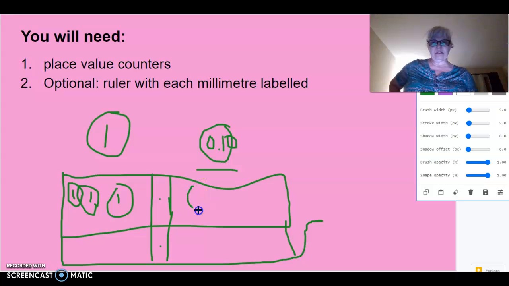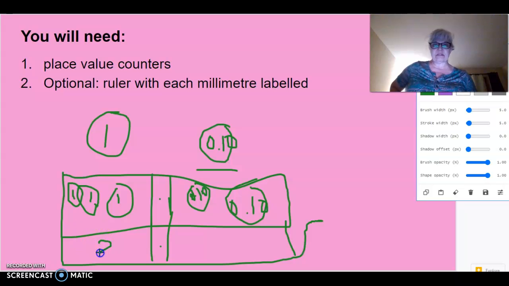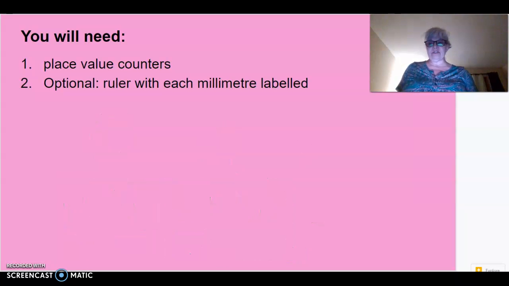Okay, and if I have 2, 0.1, it's actually easier to write 0.1 and then make your circle. Okay, so I've got 2 tenths and 3 ones. So I would write this as a decimal as 3.2.